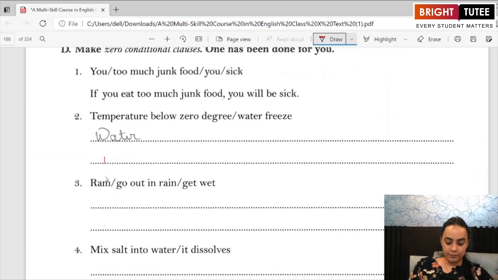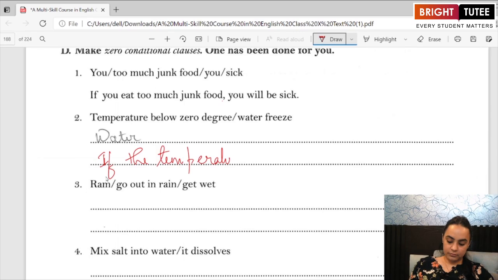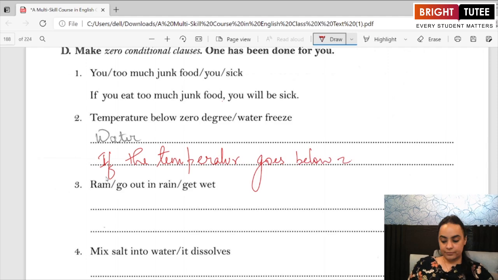So if the temperature goes below 0 degrees, water will freeze.